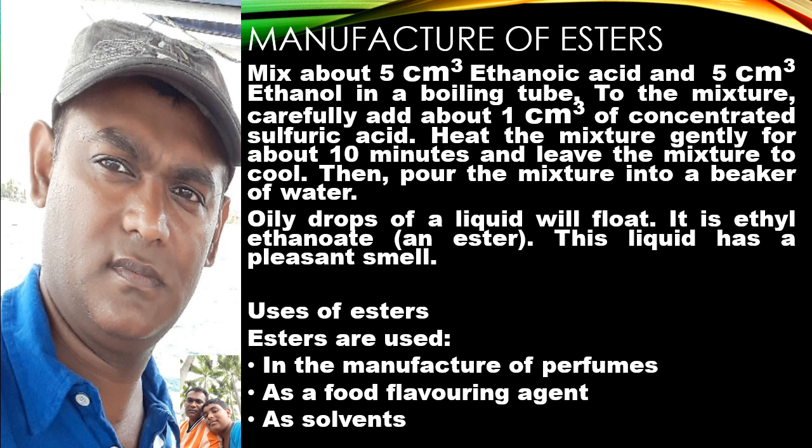Then pour the mixture into a beaker of water. You can see oily drops of a liquid floating at the surface. This substance is ethyl ethanoate, that is an ester.